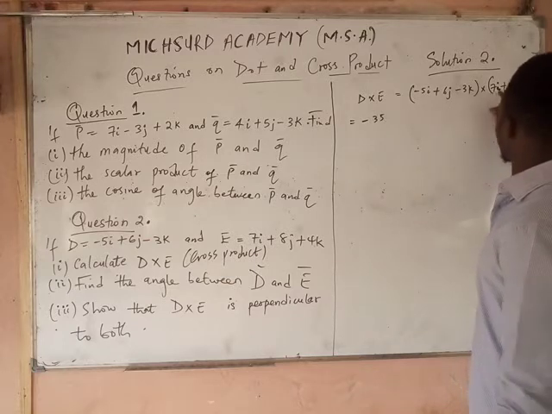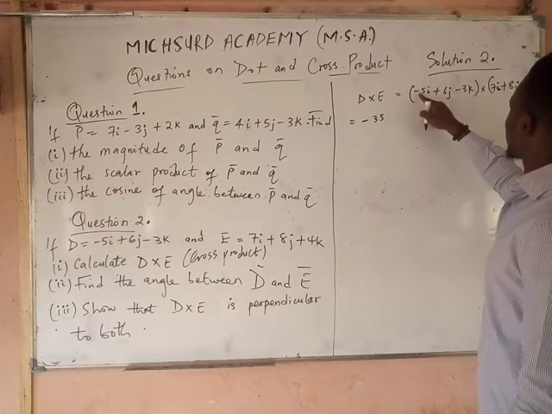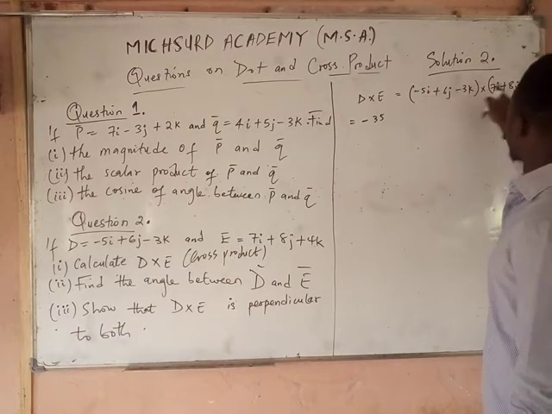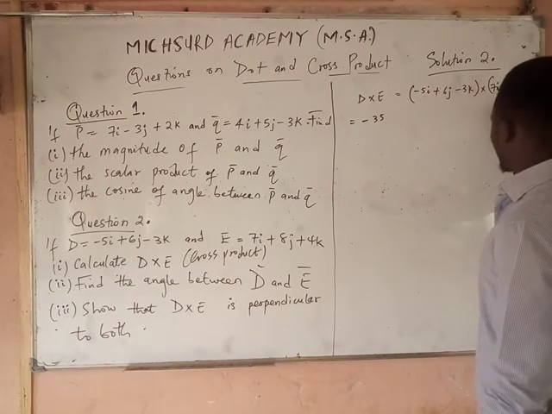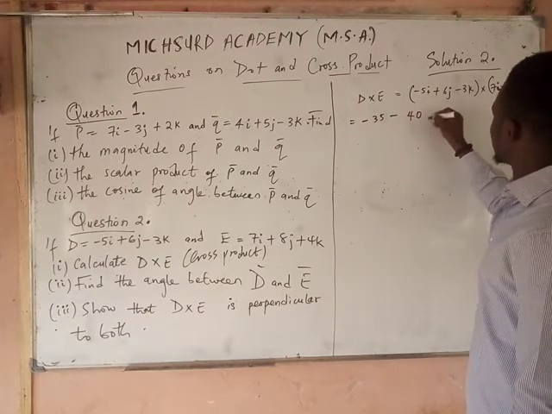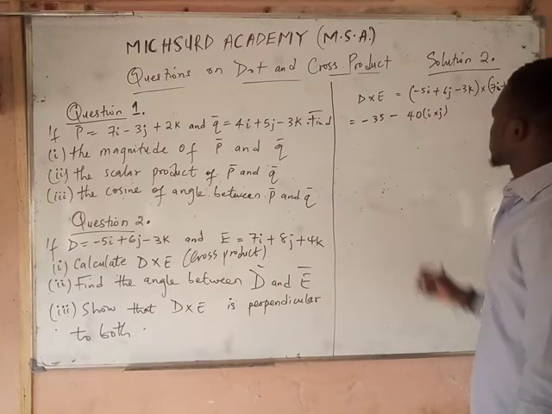Okay. Then I dot I is equal to 1, right? Okay. So if minus 5I is multiplying 8J, we are going to have minus 40. This is I cross J. Good.